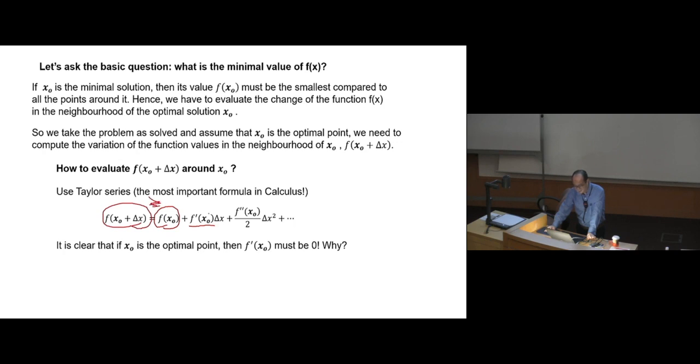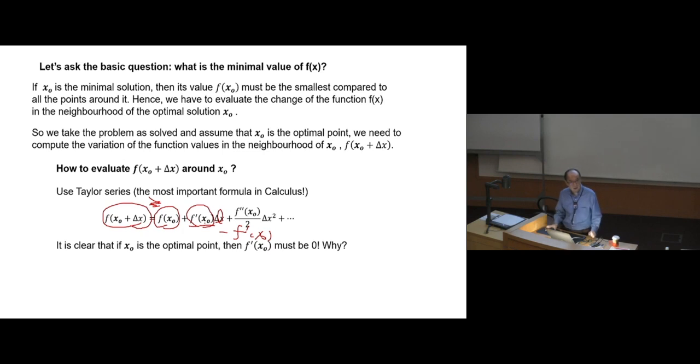If this is not 0, can I choose delta x to make this smaller than f(x naught)? Of course. I can choose this delta x as minus this one. That will give you a negative number. We'll make it even smaller, right?